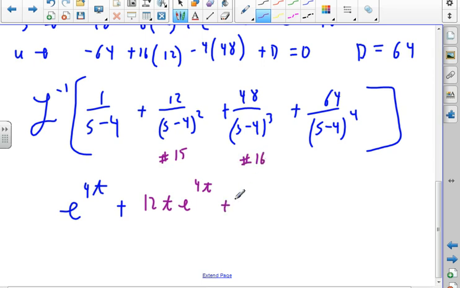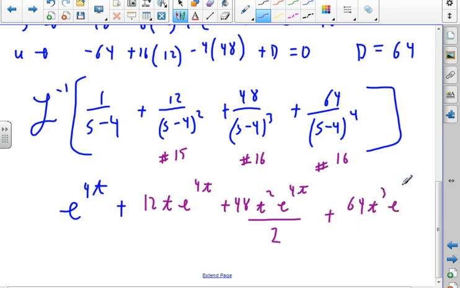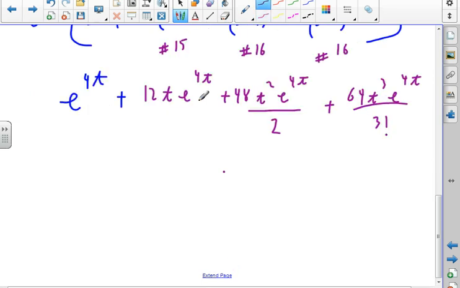And I'm going to get 48 t squared e to the 4t divided by 2. And this guy here is also number 16. And I'm going to get 64 t cubed e to the 4t divided by 3 factorial. And now I can write down my final answer.